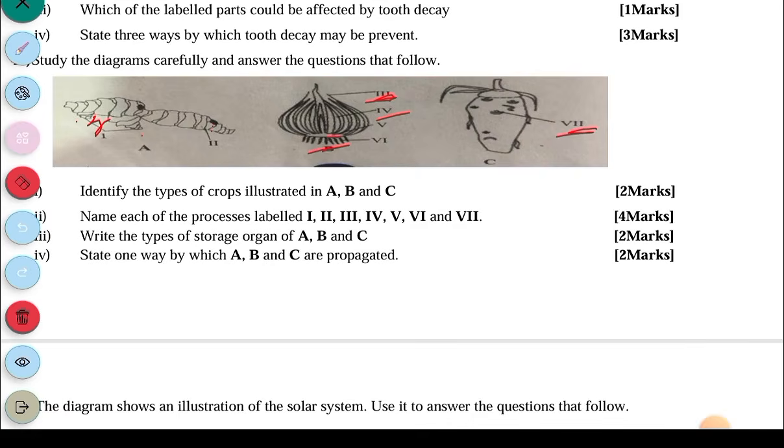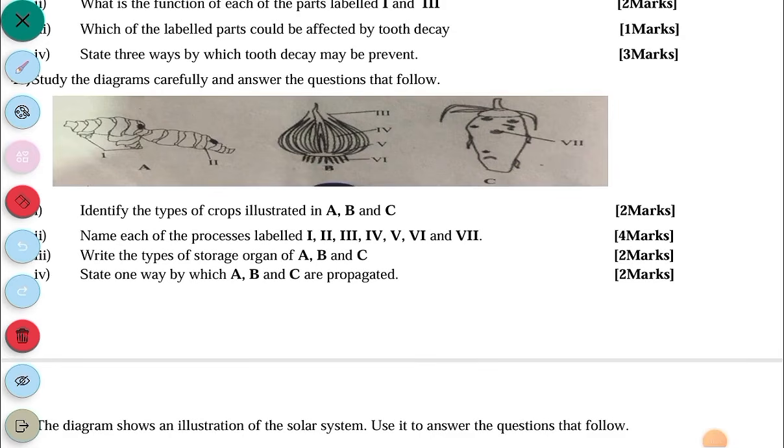Then write the types of storage organ for A, B, and C. So A is the rhizome, B is bulb, C is tuber. So the ginger is propagated using the pieces of rhizome.